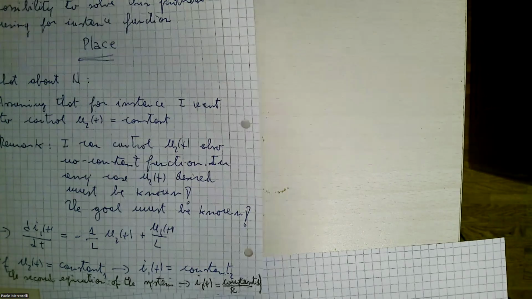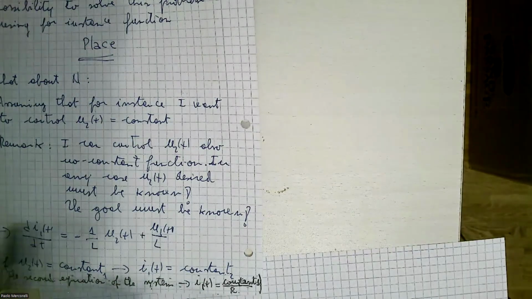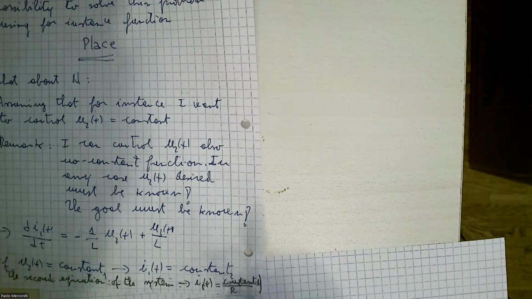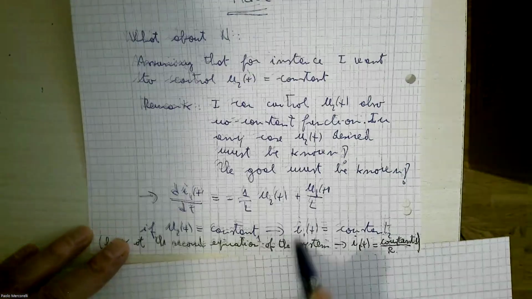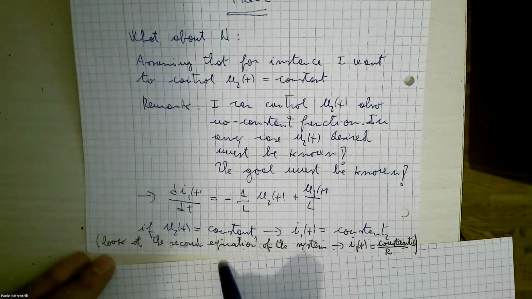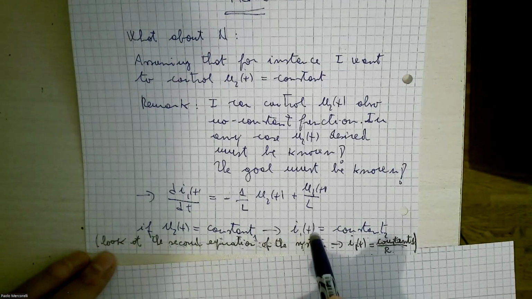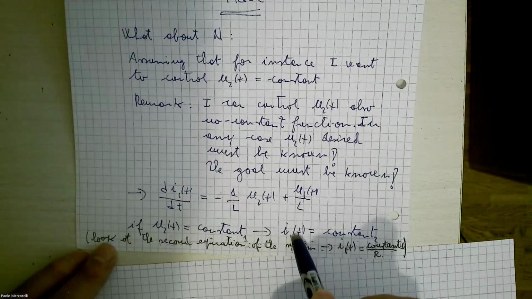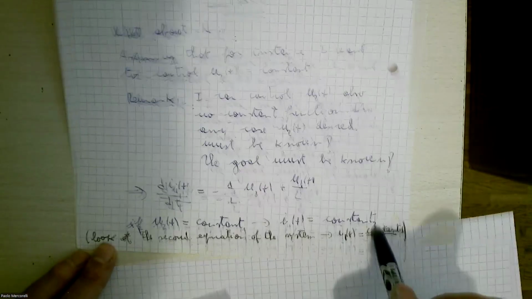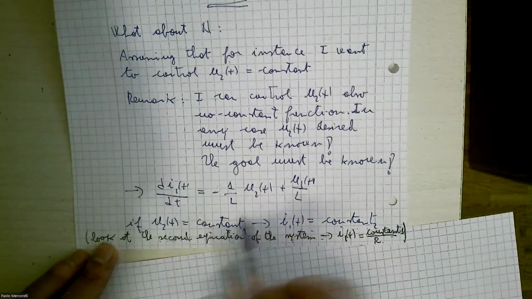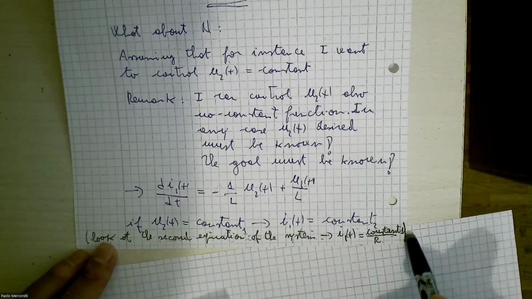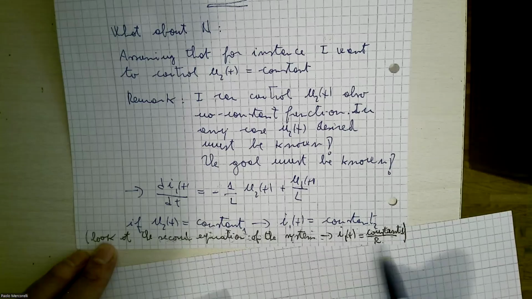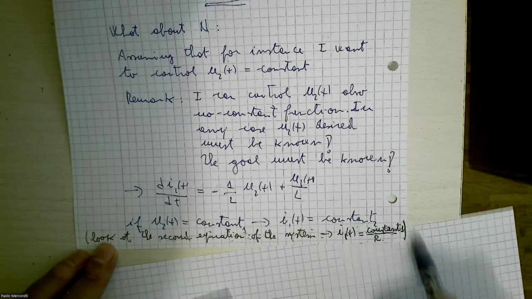Excuse me, I made a mistake. This is the equation one. Let me read again. If U2 is constant one, from equation two we have this also: I1 is a constant, which I called constant 2, therefore I changed the name. I1 equals constant 1 divided by R. This means the constant 2 is constant 1 divided by R.